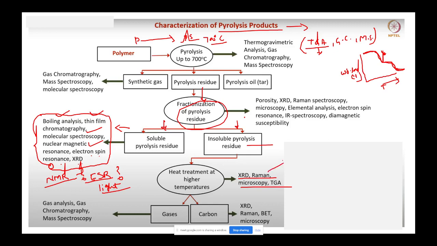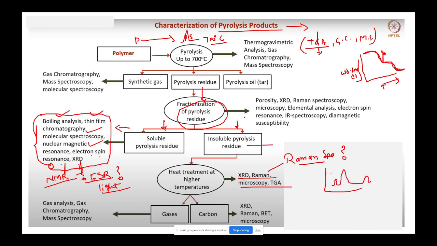Do you know Raman? Yes, sir. What does it give? For carbon specifically, we can find the number of graphitic layers present in a sample by the ID/IG ratio.